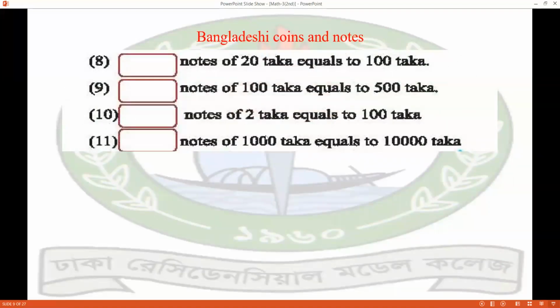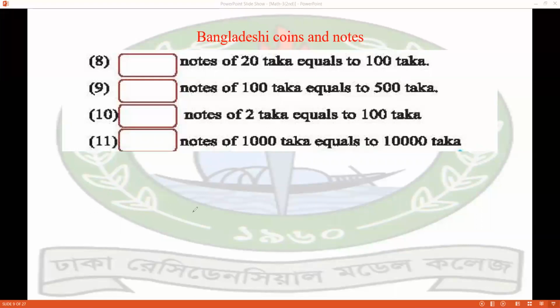There is 4 math. You have to find how many notes of 20 taka is equal to 100 taka. Given the value of notes 20 taka, how many notes of 20 taka is equal to 100 taka? You have to find it by the multiplications.